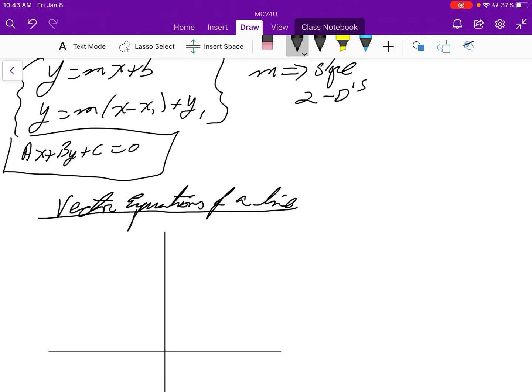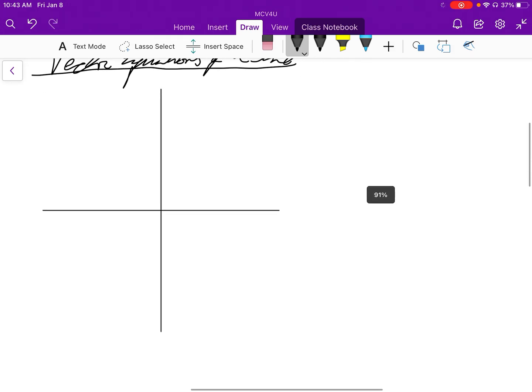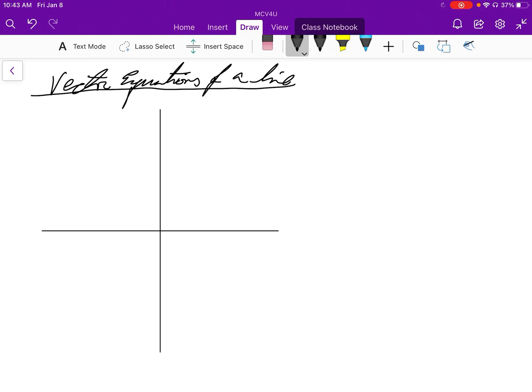So here's what we're going to do. I've got our grid here, and we're going to take any line. We'll just draw that here. That's any line there, and we'll just label this line. We'll say that we've got a specific point here, and we'll call that point A that we know of.